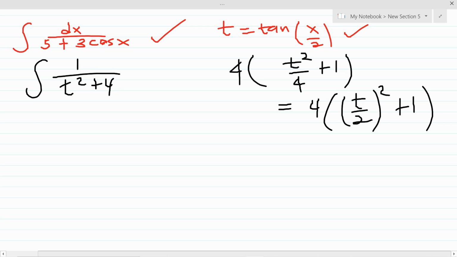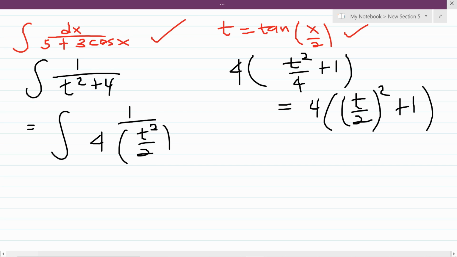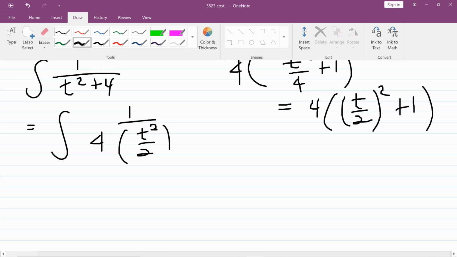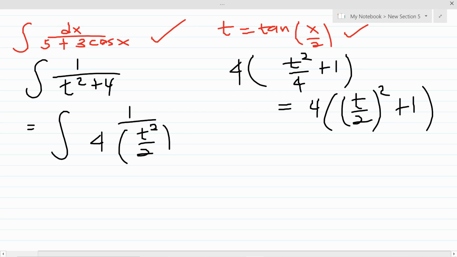So this is equal to the integral of 1 over 4 out, then (t over 2) all squared plus 1, then dt.